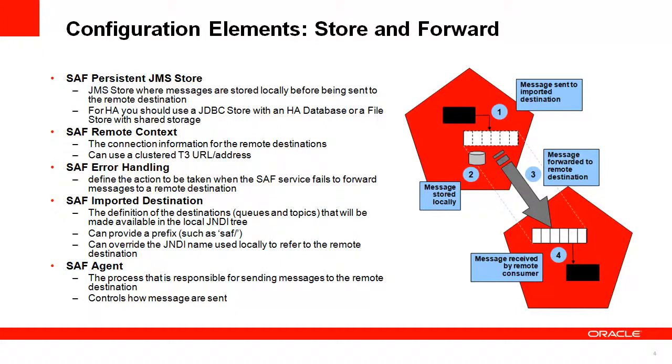You can prefix the JNDI name with a unique string such as SAF for Store and Forward, and I'll show you how to do that later in the demo. And then finally, there's the Store and Forward agent, which is the process that's responsible for sending messages to the remote destination. Here you can set settings that control how the messages are sent to the remote domain.